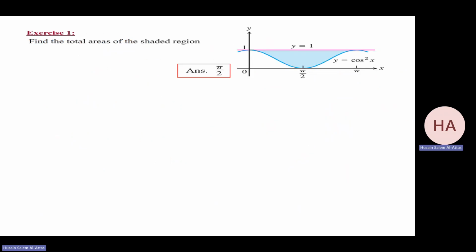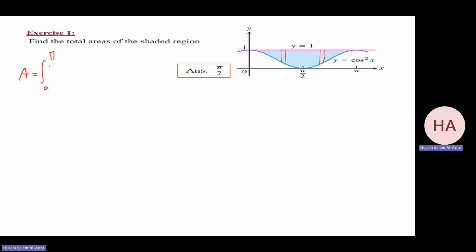He gave me the graph. He wanted the total area of this shaded region. Now I will do the strip this way. They have it from 0 to pi, so the area will be from 0 to pi.